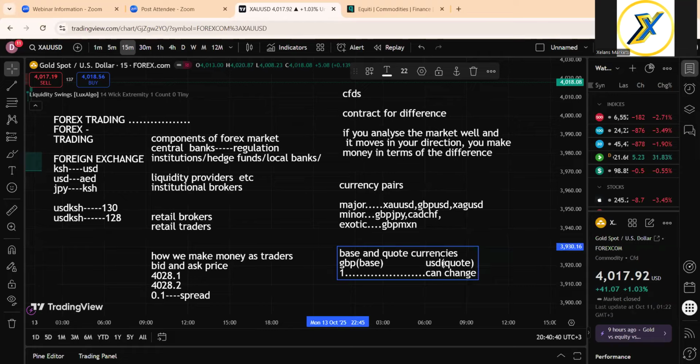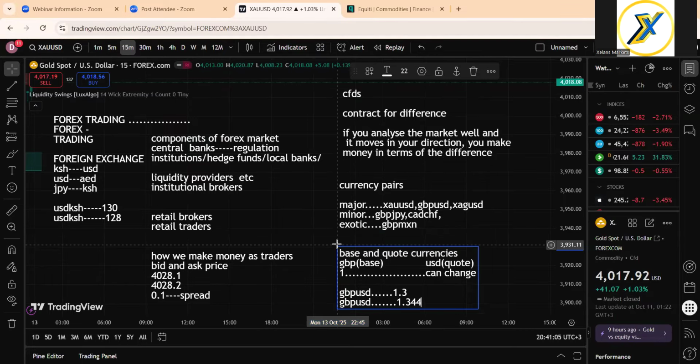So what does it mean? You could see something as GBP USD, then it's written what's the rate now? Let's just say something like that, for example. And then later on you will see GBP USD at 1.344.